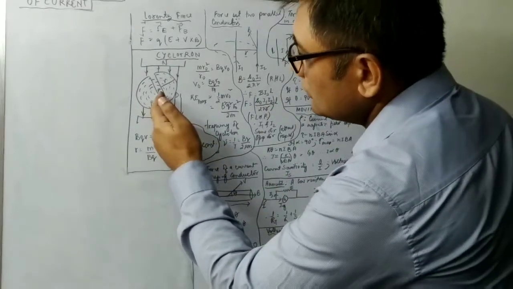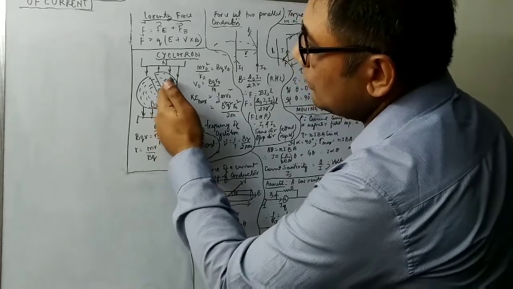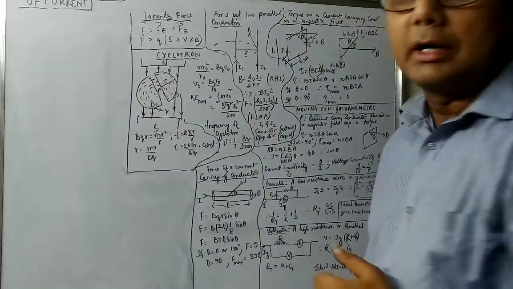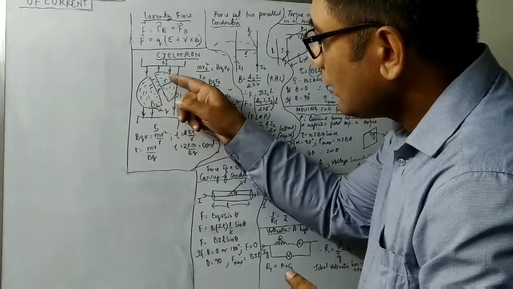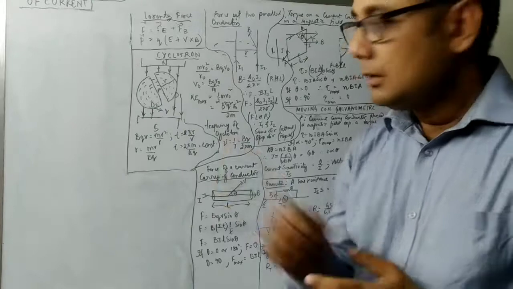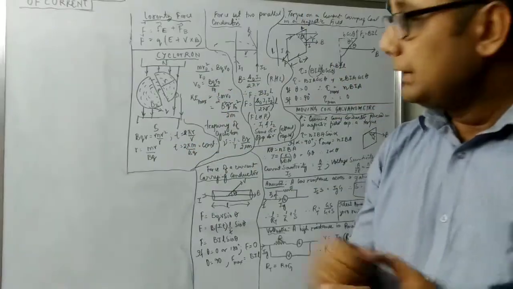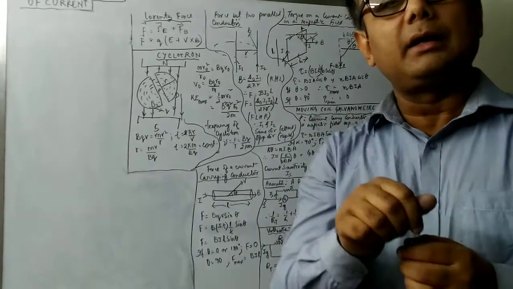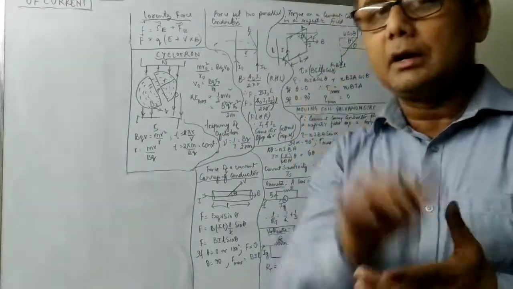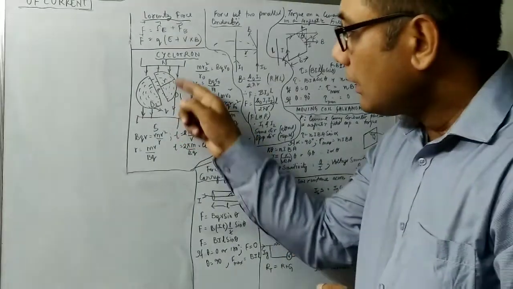So the proton starts to cover a semicircular path of radius r before it comes out again. So basically it is covering a path of how much? Pi r, not 2 pi r. 2 pi r by 2, pi r. It covers the distance of pi r before it comes out.